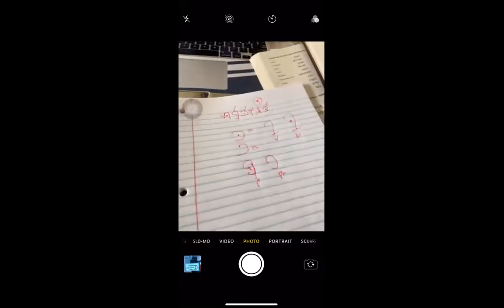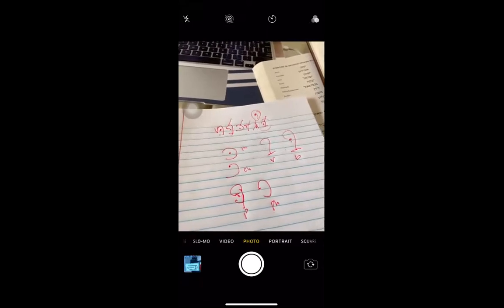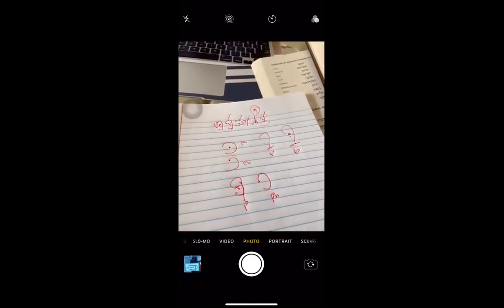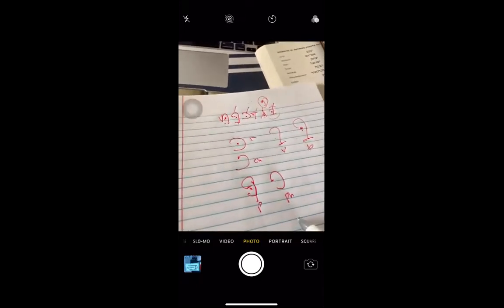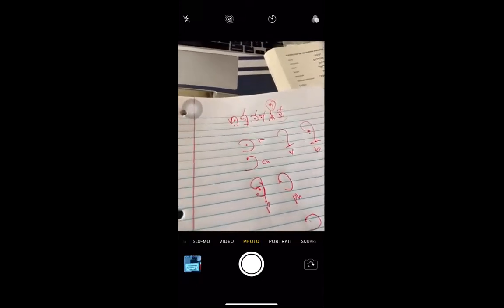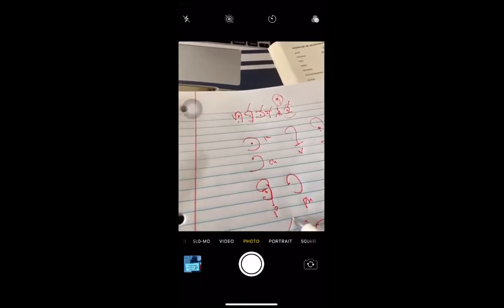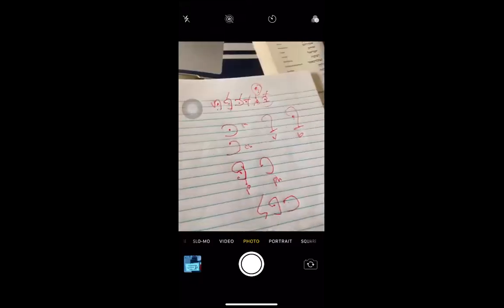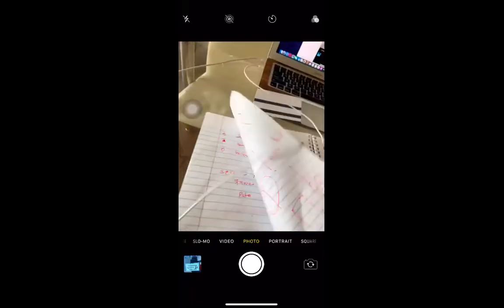Good. Now we have five letters that change when they appear at the end of a word. So let's say kaf. This is the ending of the word, right?